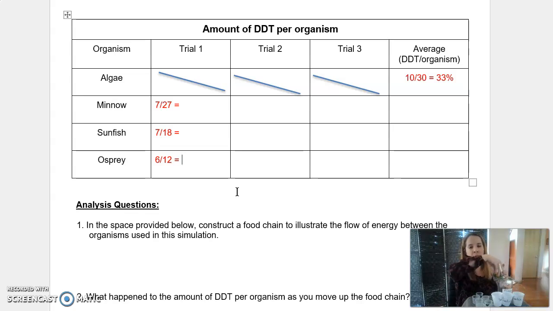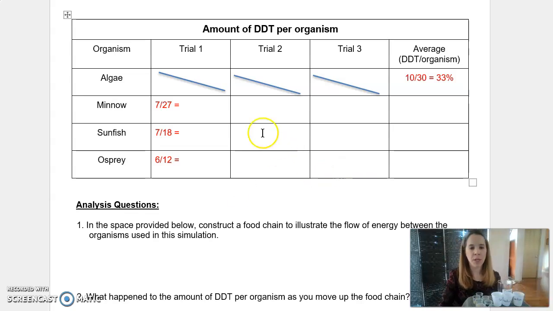My shaker cup going. And again, it's going to be 1, 2, 3.